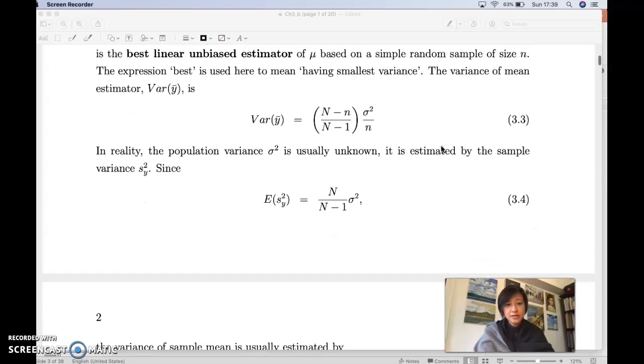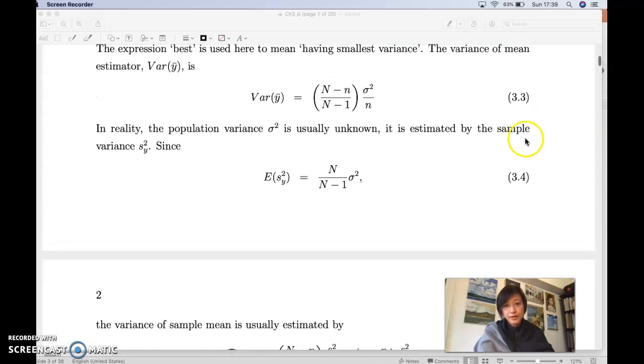And then the variance of our sample mean equals sigma squared over n multiplied by a finite population correction factor, which is N minus n divided by N minus 1. That is equation 3.3.